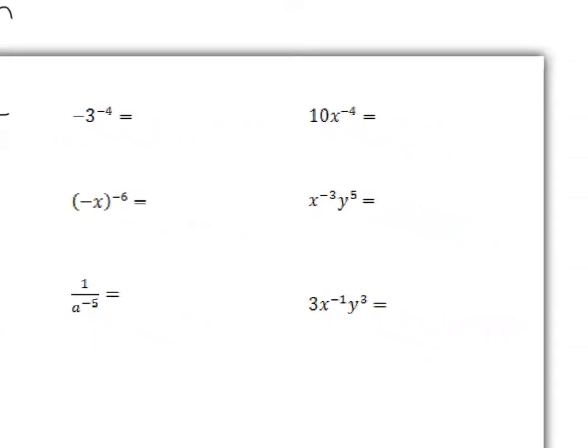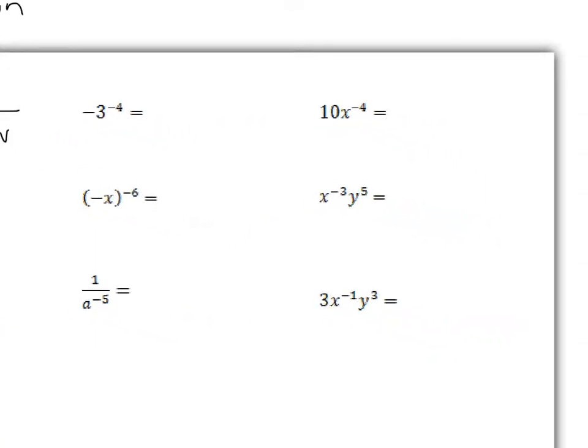Another example, negative 3 to the negative 4. The negative in front of the 3 is there, waiting to make your answer negative. The negative 4 is telling you that that 3 is in the wrong location. It's got to go down to the denominator, where it will be to the positive 4 power. Let's make that a little smaller so it's obvious that it's an exponent.